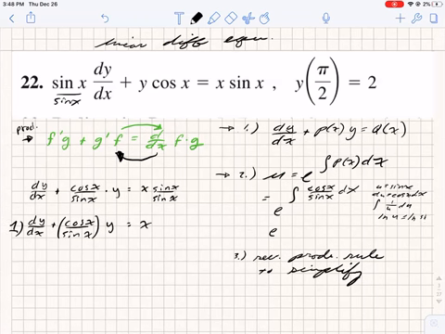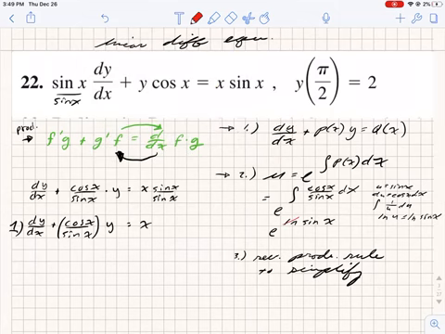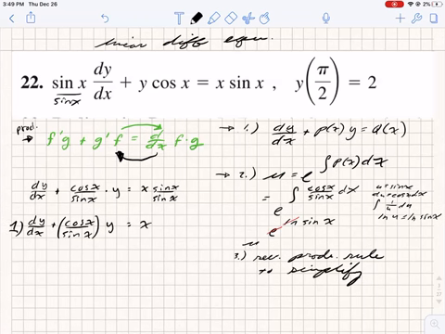Ln u is equal to ln sine x. So e to the ln sine x, the e and the ln cancel, and we're left with mu is equal to sine x. Okay.